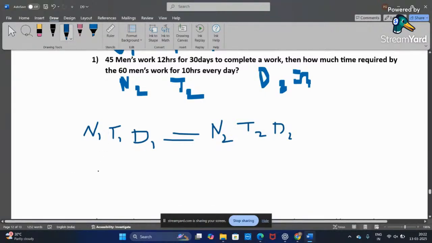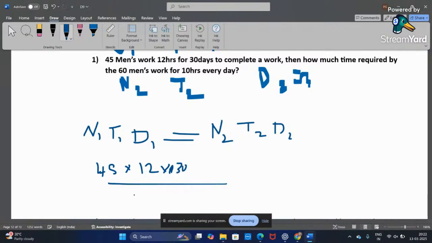So your N1 is 45, your T1 is 12, your D1 is 30, right? And your N2 is 60 and your T2 is 10. We are leaving D2 because we need to find that value.